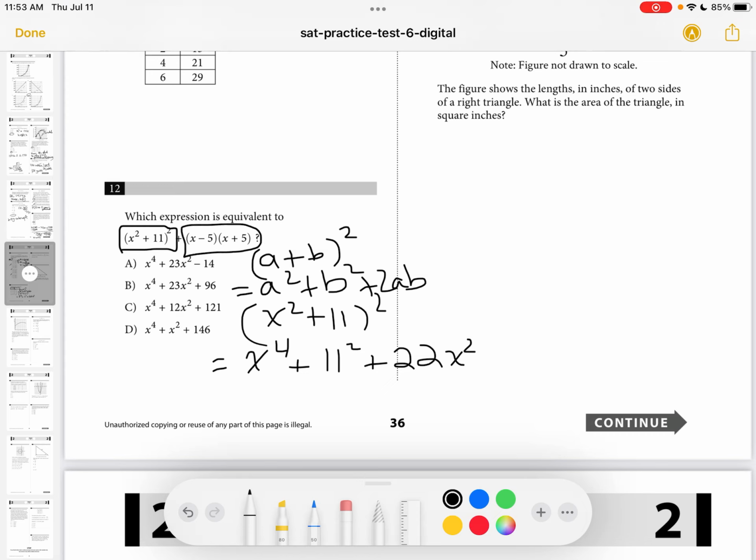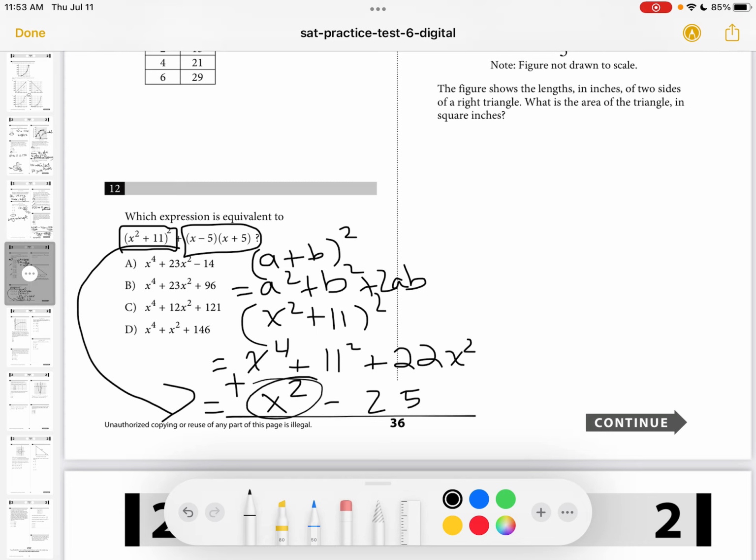And now I'm going to expand this stuff here. x minus 5 times x plus 5 is the difference of squares. So that'll be equal to x squared minus 25. And when we add these, we have an x squared term here and an x squared term there.